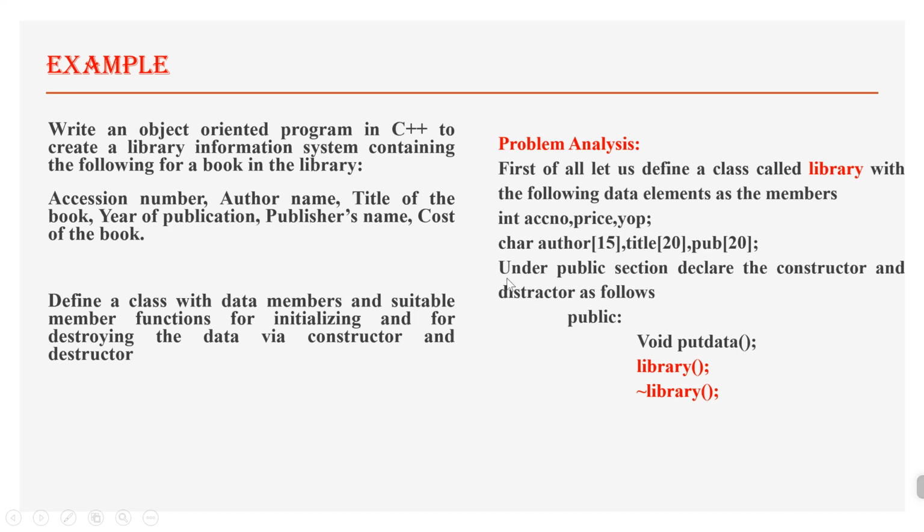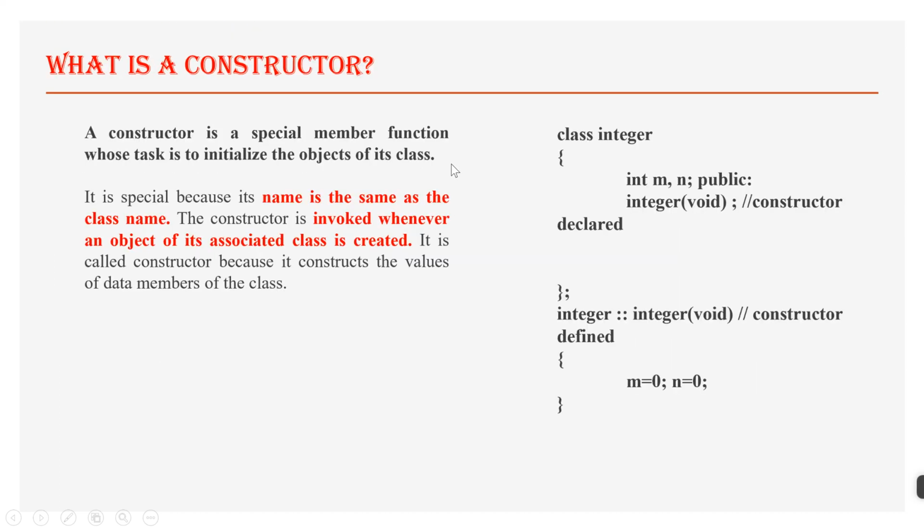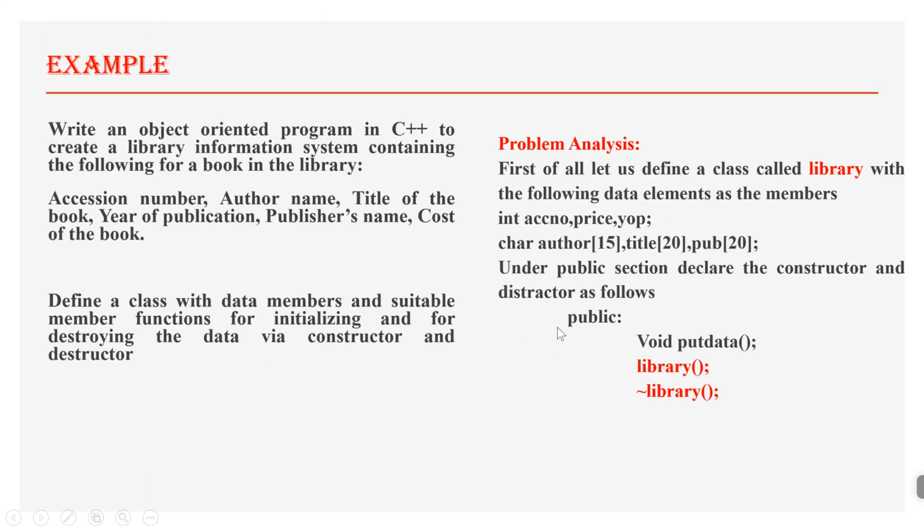Now under the public section I'm calling the 3 functions. First is put data for the display. There is no question of get data because the moment an object is created, it will get the value. Then I'm calling library as per the definition of a constructor. What is the definition? A constructor should have the same name as the class.